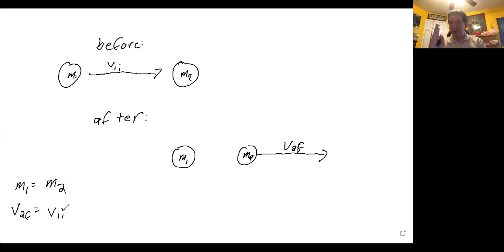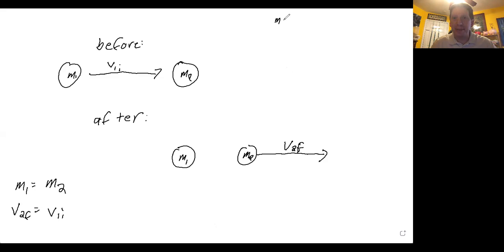And this is something you'll observe in the lab experiment, that when the two carts have identical mass and you hold one of them motionless in the middle, when you launch the first cart towards it and they collide, the second one will go off at essentially the same speed. The first one will stop in place. And that's what you should expect to observe in an at least approximately elastic collision where the masses involved are equal. But now we're going to demonstrate that momentum and kinetic energy are both conserved in this collision.